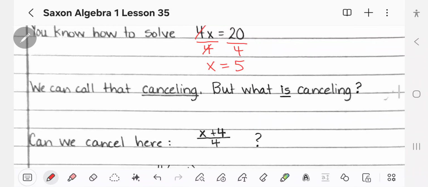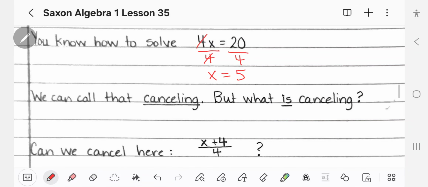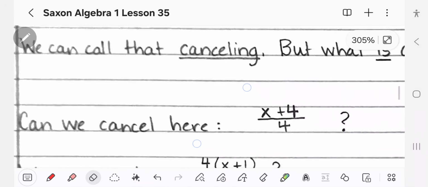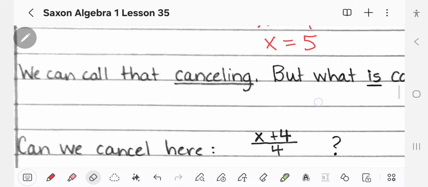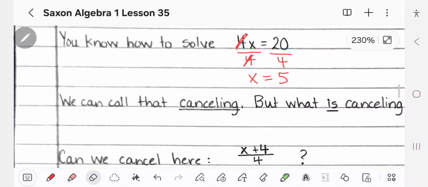Can we cancel here? A lot of students will say, well, Mrs. Hill, you canceled that 4 and that 4, so can we cancel this 4 and this 4? Well, that's a really good question, and I'm so glad you asked. Okay, can we cancel here? Well, before, in this problem, we had here a multiplication.